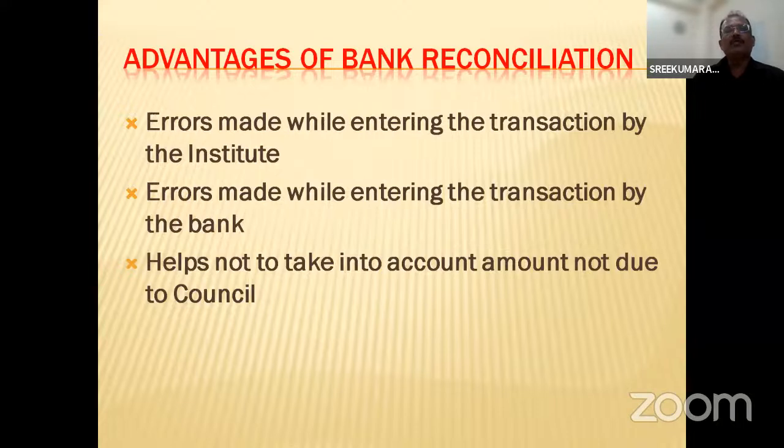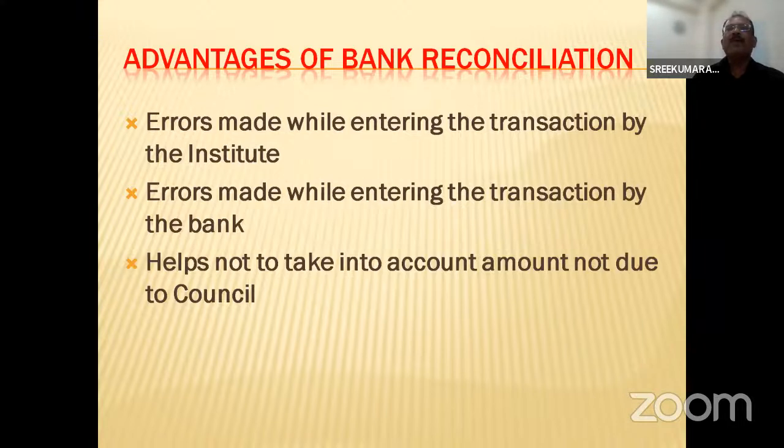Advantages of bank reconciliation. Errors made while entering the transaction by the institute. We make duplicate entries as far as a payment is concerned, or for that matter, a receipt is concerned. Either there will be a lesser balance or an inflated figure of balance when we make duplicate payments or receipts.